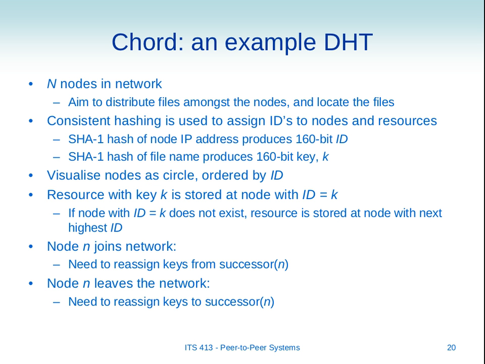If a node with some ID equal to k, in our example k equals 3, ID equals 3, does not exist in our network, then the resource is stored at the next node in the ring, the node with the next highest ID.